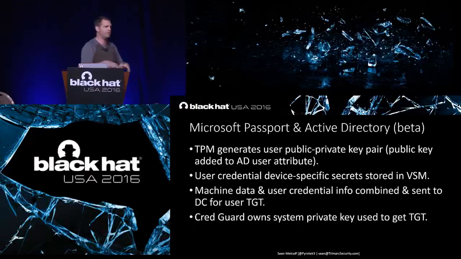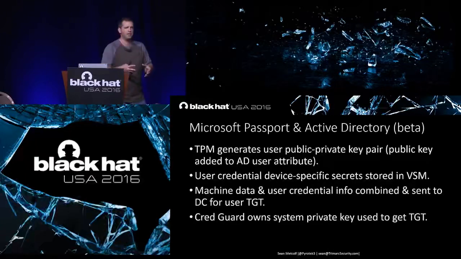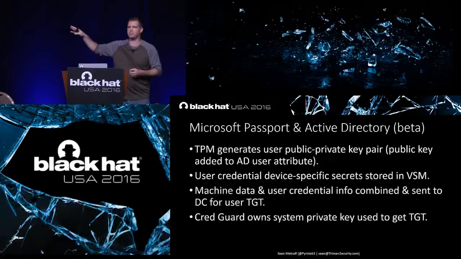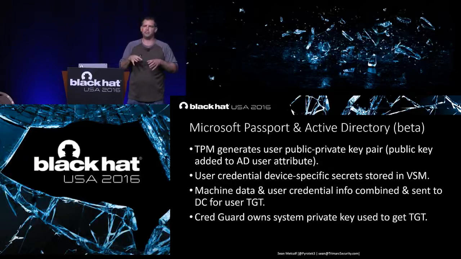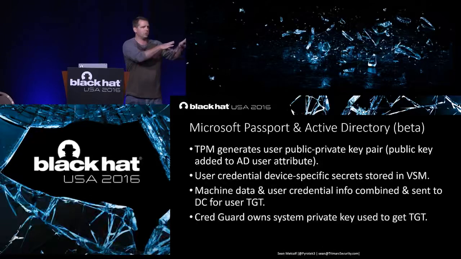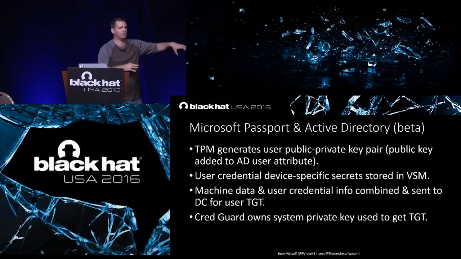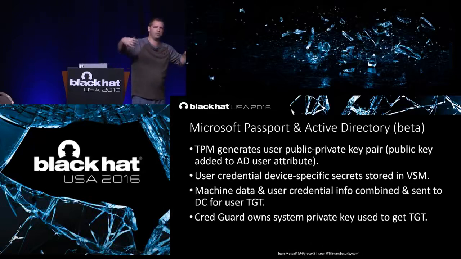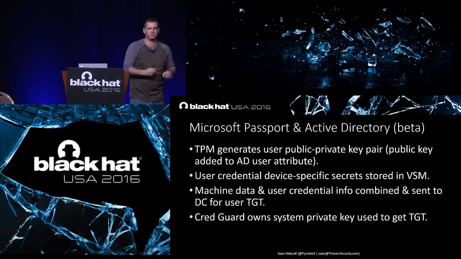on a Windows 10 device, we have a TPM chip that generates the user public-private key pair specific to that device for that user. And the public key is added to the user's attribute in Active Directory. The user's device-specific secrets associated with that credential are stored in VSM, the secure world, that lockbox in Windows 10 where even if you compromise Windows 10's kernel, you can't easily get access to it.